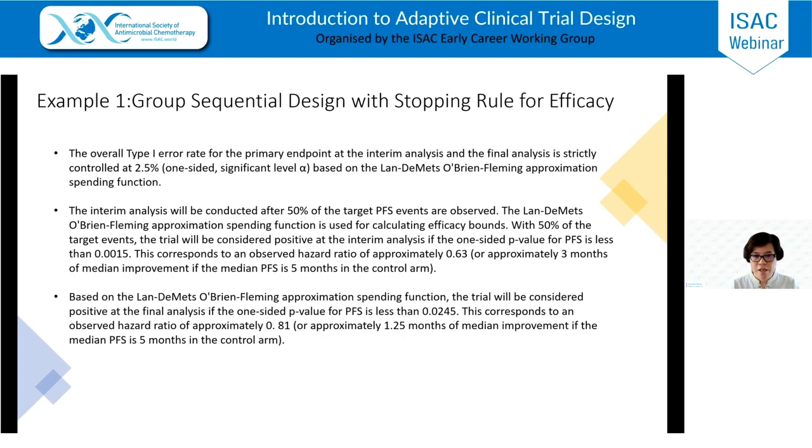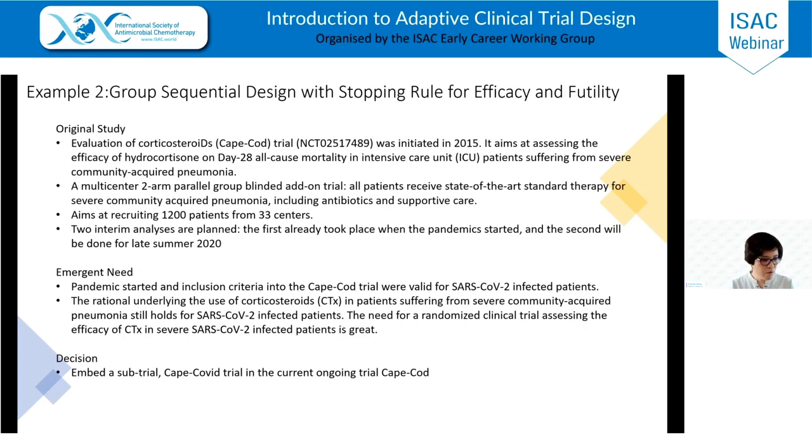Okay, so another example is more complicated. This is a Cape Cod study. This was originally for pneumonia, and it started in 2015. However, later the pandemic started, and they had to involve more.